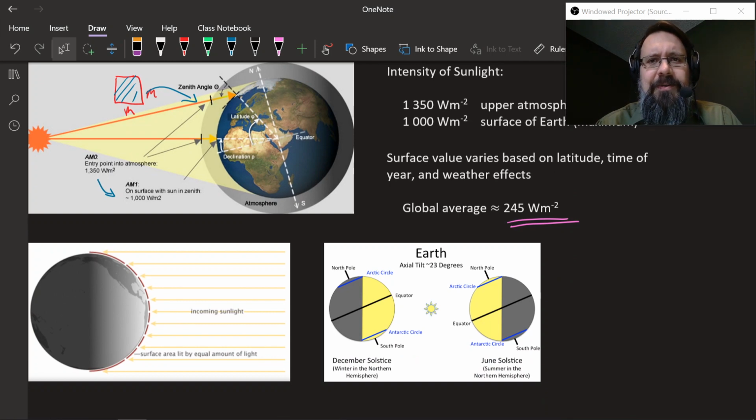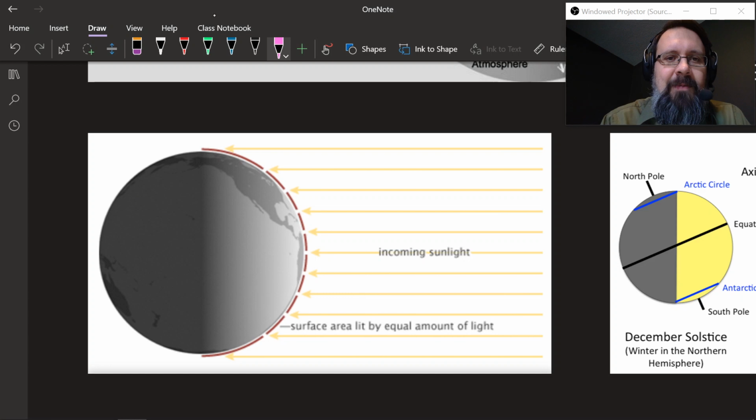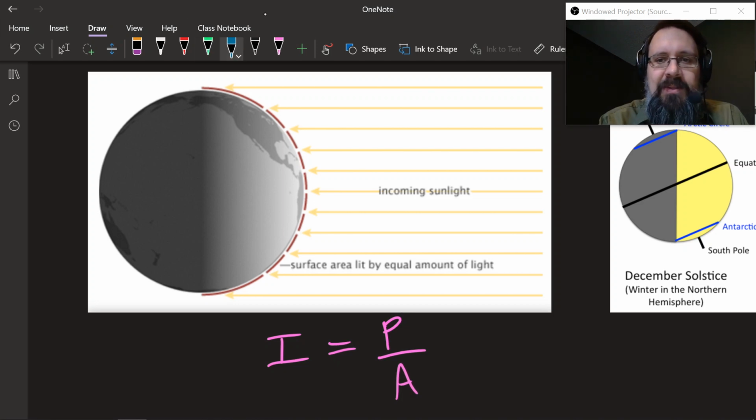Let's talk more about those variations with latitude. From the waves unit, we might remember this equation that the intensity is power divided by the area. Let's say that the gaps between two of these lines is a constant power P. This is the light from the sun coming in and hitting the earth.